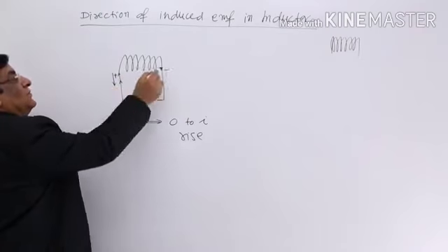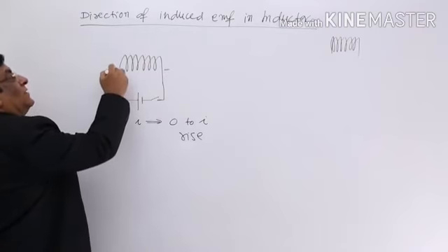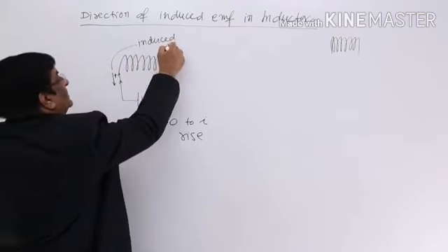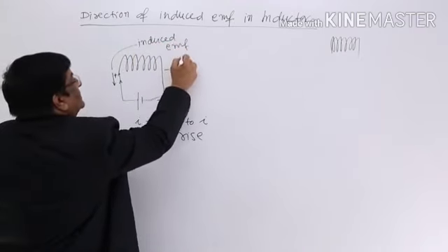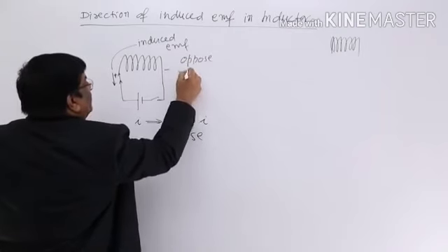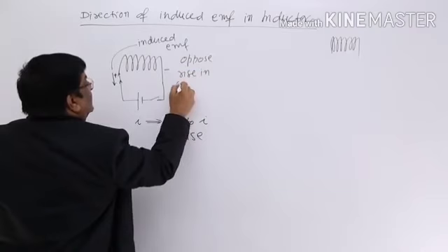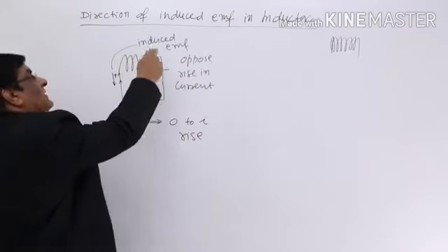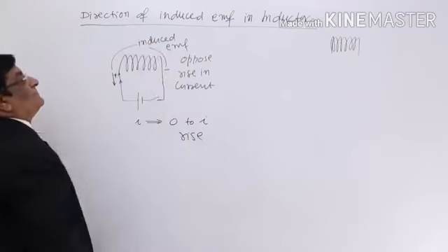So, this is the developed or induced EMF. Induced EMF opposes the rise in current. So, it is in the opposite direction of the current.